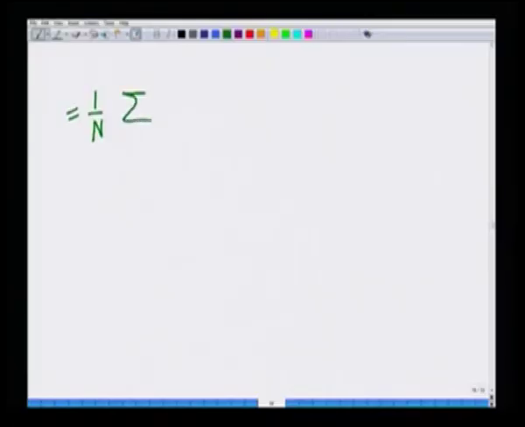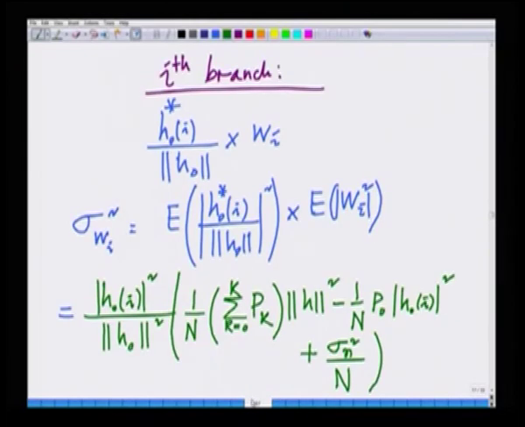Look at this in here, the norm H square and the norm H naught square cancel.